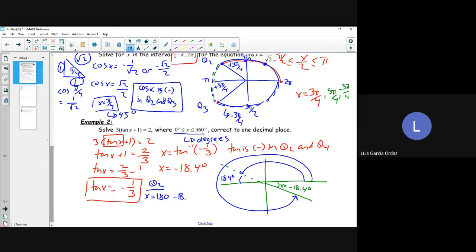minus 18.4, and that gives us 161.6. And in quadrant 4, all we're doing is 360 minus 18.4, which is equal to 341.6 degrees.